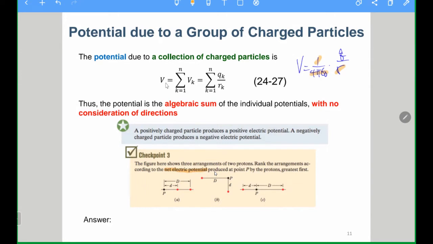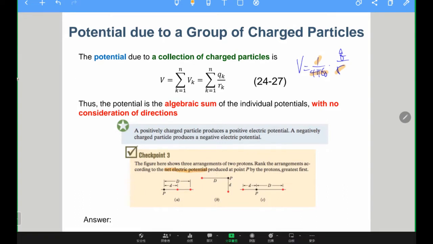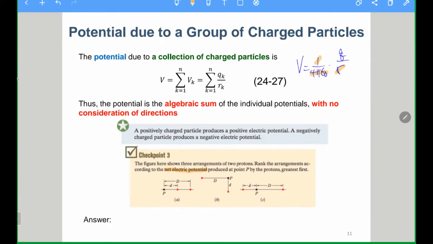Can anyone answer this? Actually, we didn't really need any calculation. So A, B, C, which is larger, which is greater?